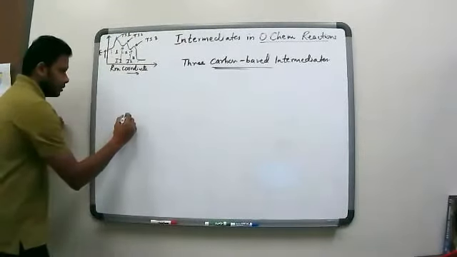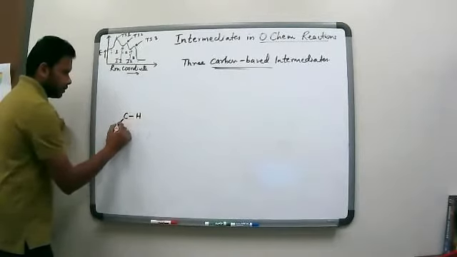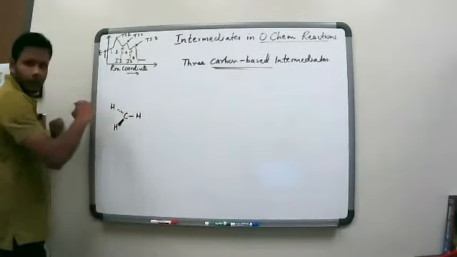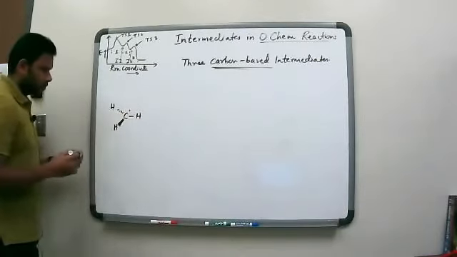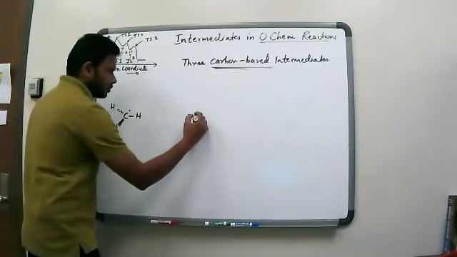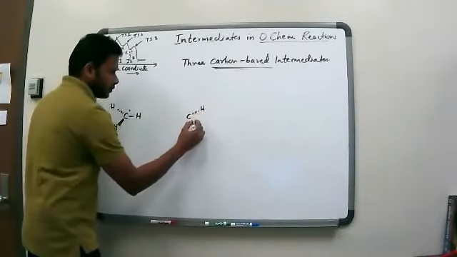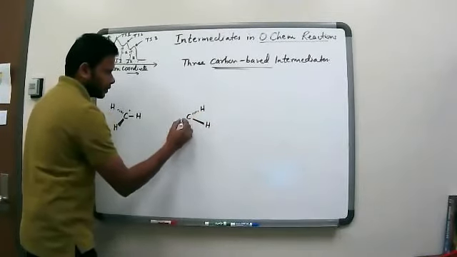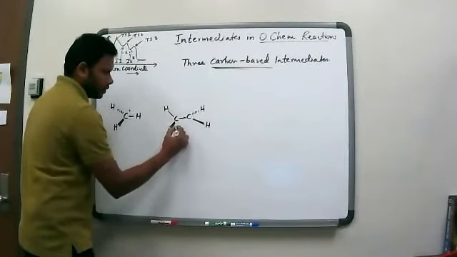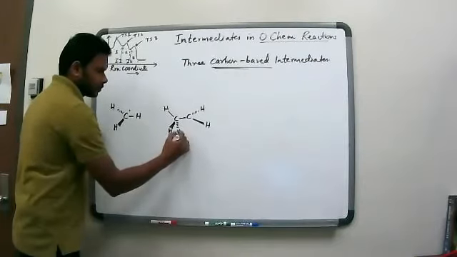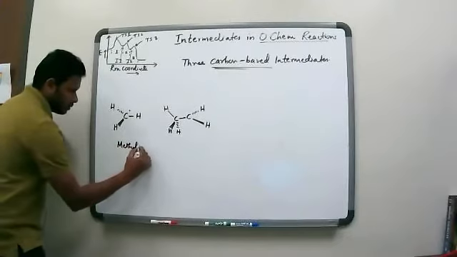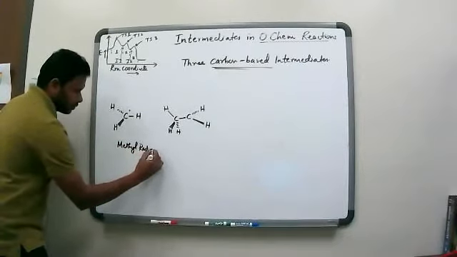You can imagine a carbon with 3 bonds to it, and this has 1 electron, and then we can compare this to a carbon with 1 alkyl group connected to it. So this is a methyl radical.